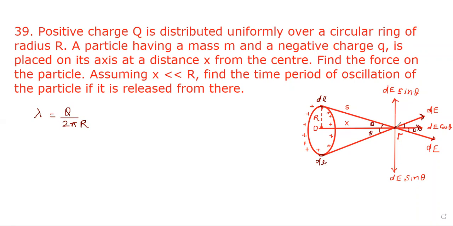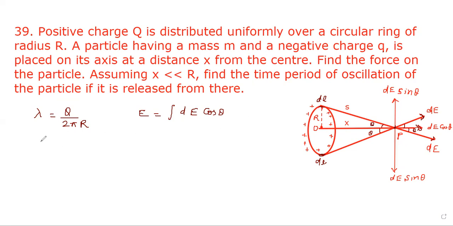So it is clear that the sin theta components of diametrically opposite elements will cancel, and only the cos theta component will contribute to the net electric field. So we can say that E will be equal to integration dE cos theta. Now let's see what is dE.